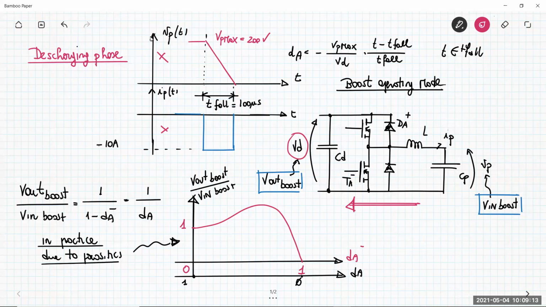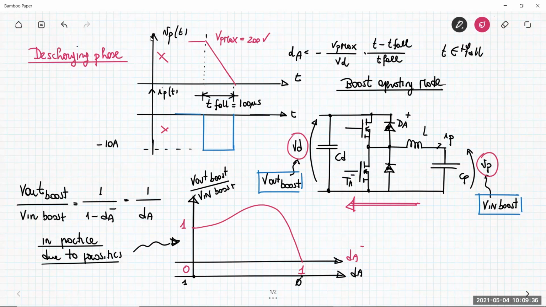In that specific situation, the operating mode of the half bridge is similar to that of a boost DC-DC converter, in which the input side now is what traditionally was the output. So VP is the input of this boost converter, and voltage VD is the output.